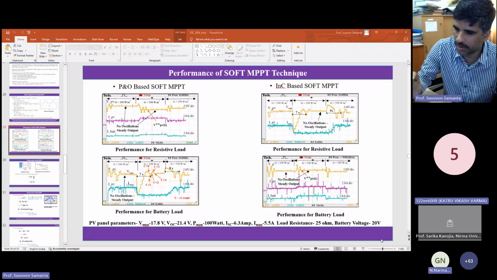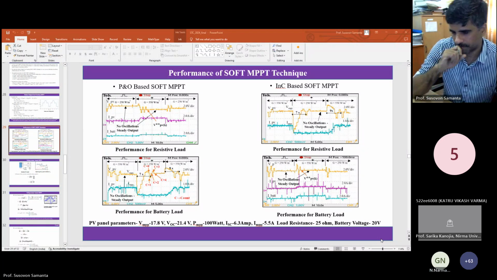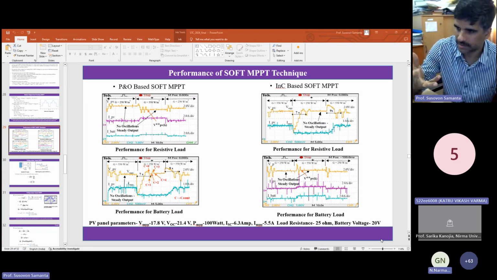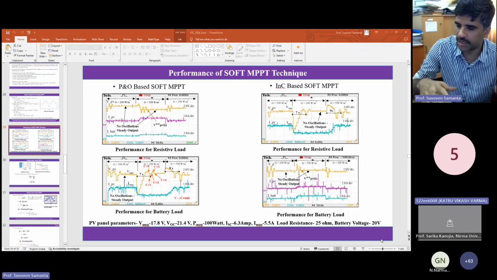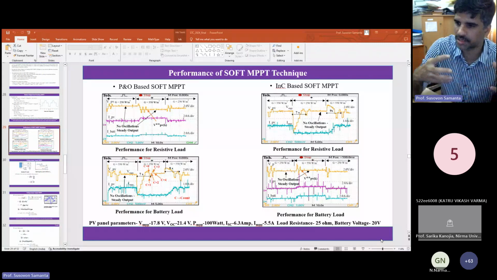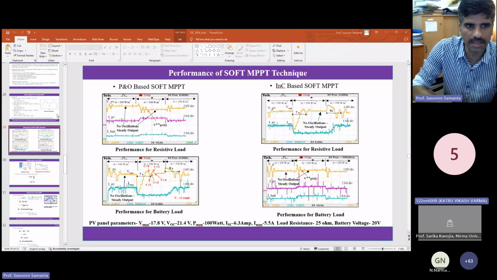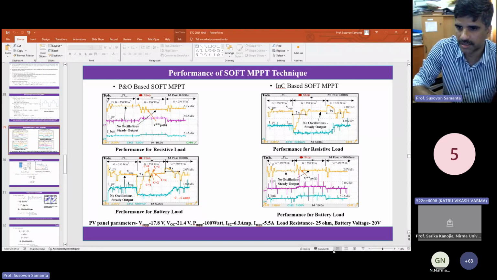So you will get almost maximum power without any oscillation. And we are trying to find out, first, that condition, whether we reach the steady state or not. So that is what I explained in the slide.